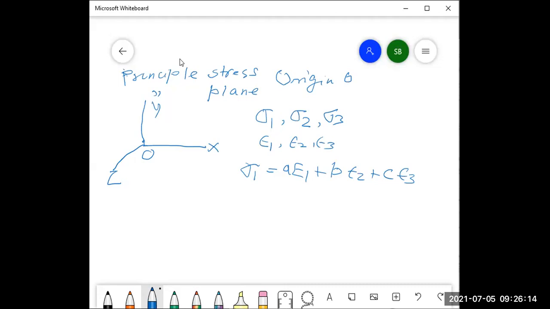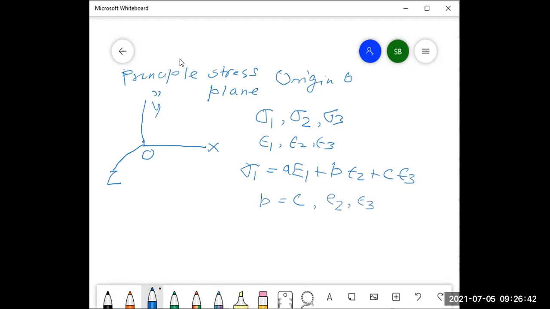Thus we can say the constants B and C must be equal, so that the effect of sigma 1 in the directions of epsilon 2 and epsilon 3, both at right angles to it, must be the same for an isotropic material. Here we are saying B is equal to C, so the effect of sigma 2 and sigma 3 is more or less the same.